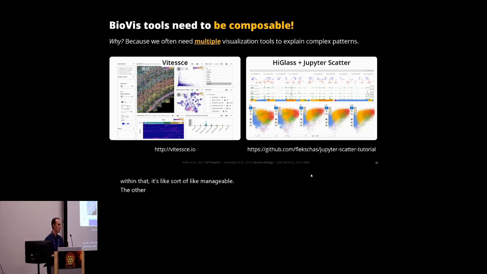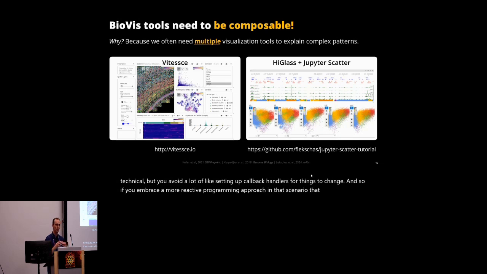The other thing I would say is that it really depends on what type of observable state implementation you use. Signals is really nice. It allows you to avoid, and that's getting very technical, a lot of setting up callback handlers for things to change. So if you embrace a more reactive programming approach, plus maybe hierarchical recomposition, then I think it gets manageable. That would be my approach.